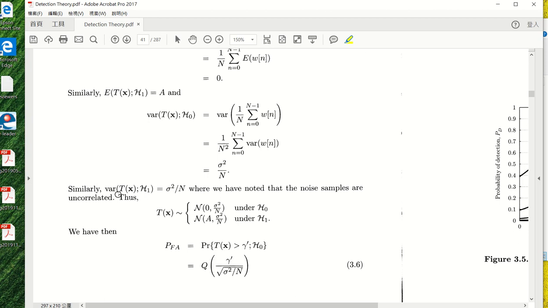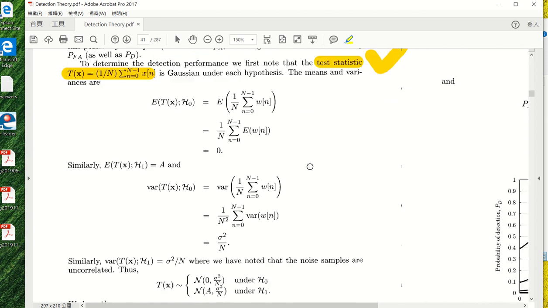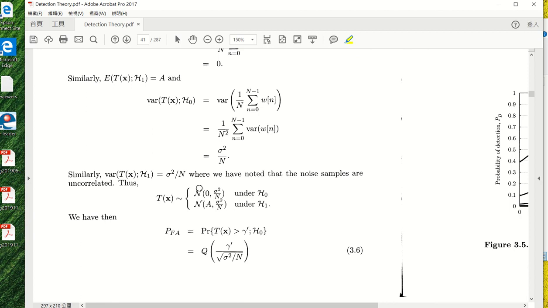Then similarly, for this statistic conditioned on H1, it's also sigma squared over n. It's the same thing, right? Where we have noted that the noise samples are uncorrelated. So T of X, the test statistic, is Gaussian with zero mean and this variance on H0, or when it's on the H1, then A is the mean, and then this is the variance.